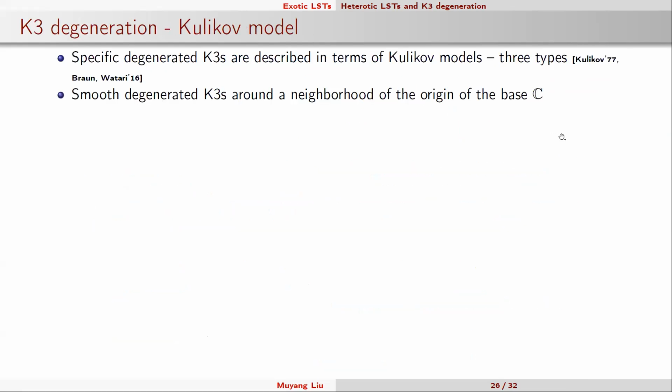In the math literature, some specific degenerate K3 can be described in 3 types of Kulikov models. A Kulikov model is described by a smooth K3 fibered over C, but once you move to the origin of the C, the fiber becomes singular, and this singular part generates many more interesting dynamics in the 6d theories.